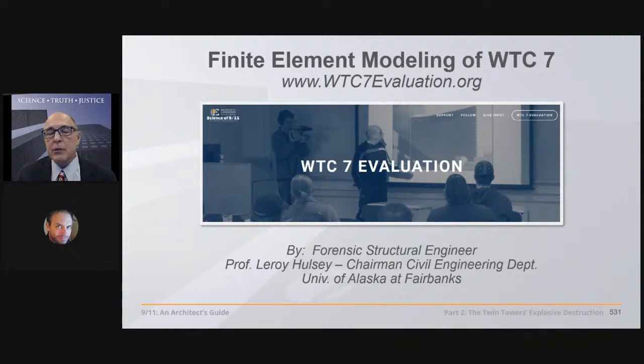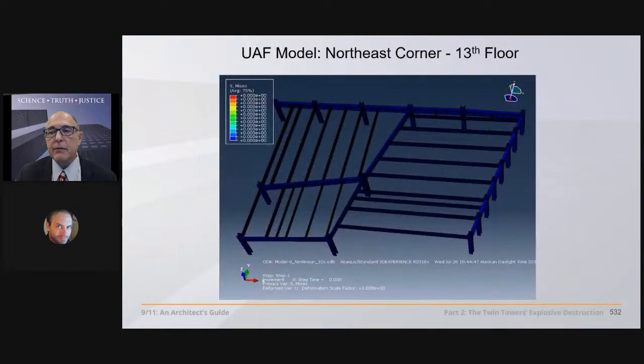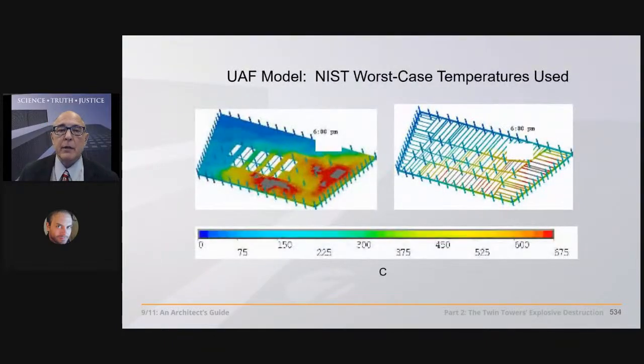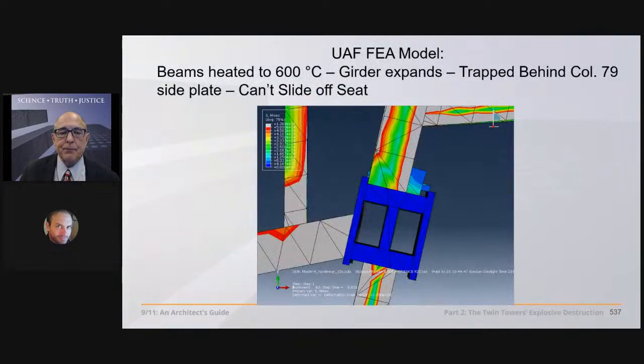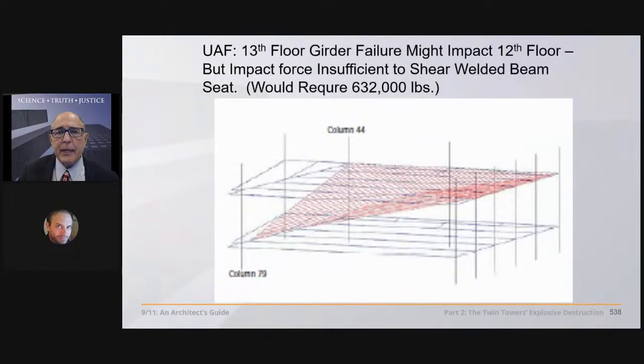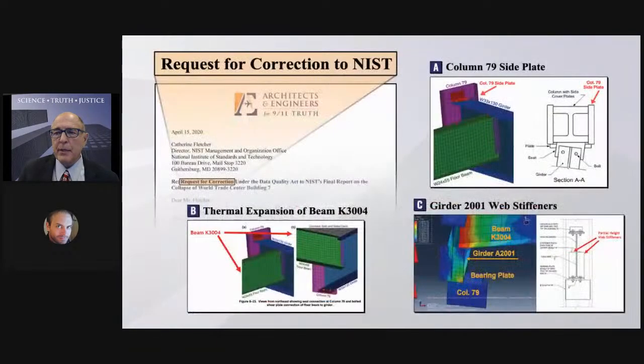One of the top forensic structural engineers in the country, for instance, Leroy Halsey, has completed the final report on the finite element analysis for Building 7. He does a very detailed report, which we went over in some detail last week, part 1 of this series. We repeat every month, by the way, so you won't miss it.